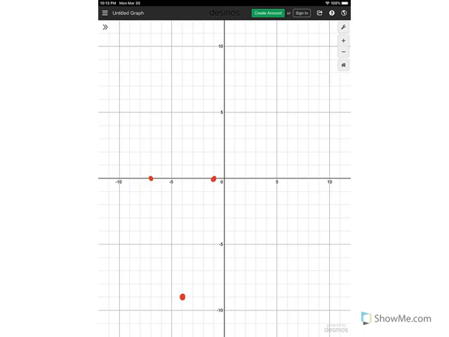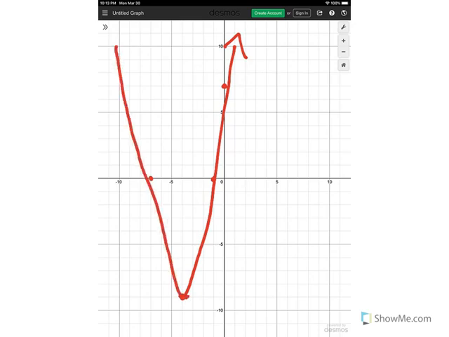Crossing the y-axis at +7. And with our 4 points, we're going to connect. I missed that point. I'm just so off trying to graph. But you get the picture. It should hit both of those points.